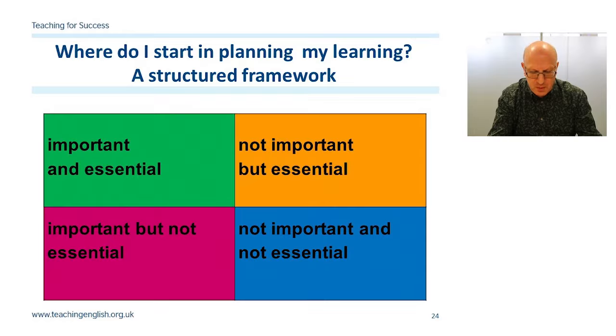The first box is, what's important and essential? How do we break down our learning? That green box is really going to matter, and it's probably what's going to be in the final test or the progress test, so we've got to do that. Are there some things that are important but not essential? Really good to do, but maybe not quite as important as the green box.